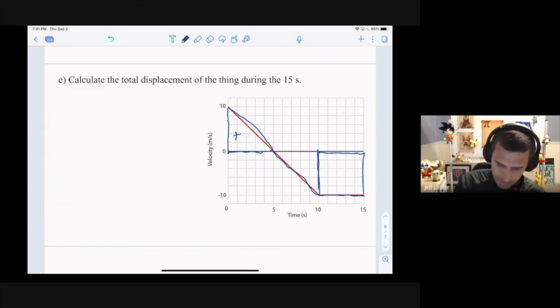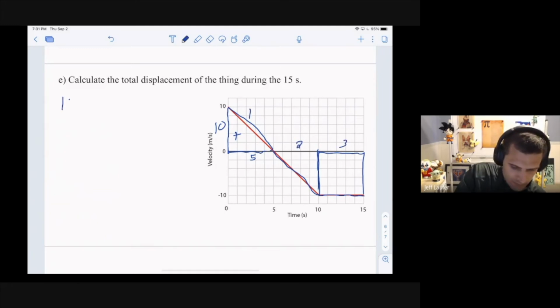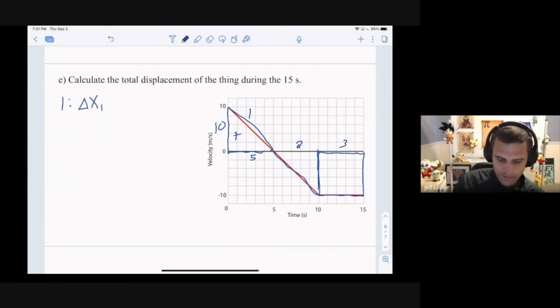So for the first one, it's a triangle. The dimensions are height 10, base 5. I'll call this area 1, area 2, and area 3. So the area of part 1, I'll call this displacement of part 1, is going to be area of a triangle, 1/2 base times height.